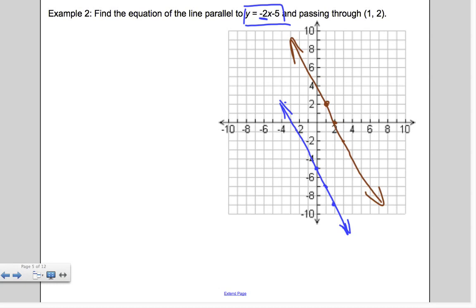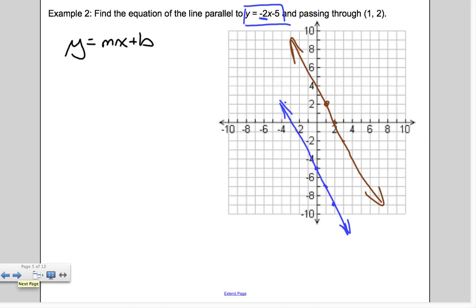But how do I calculate the equation for this? How do I get the equation for this? Katie? Well, you already did the first part, it's -2. Okay. So when we ask for an equation of a line, first step, always: write down what we're going to start with.